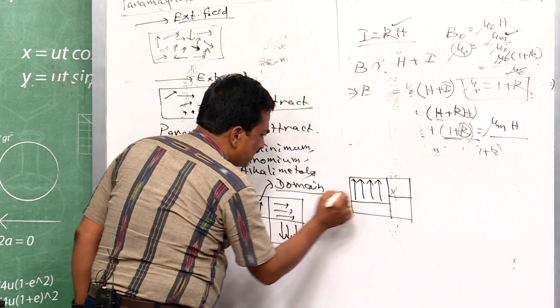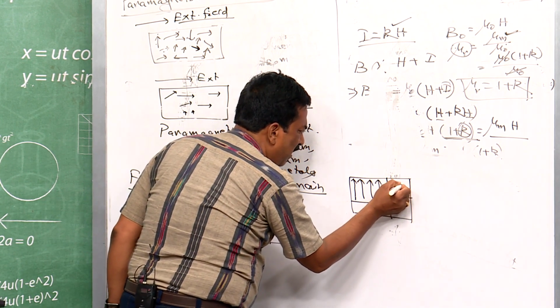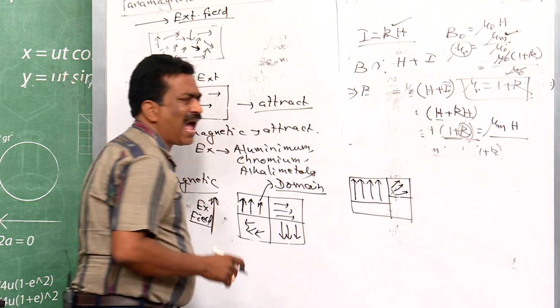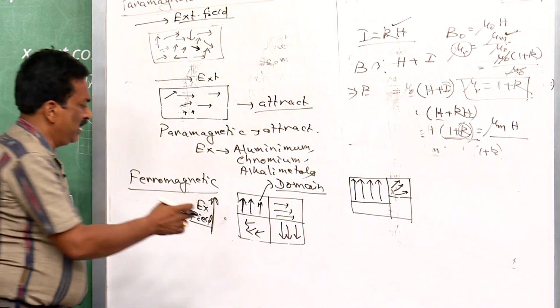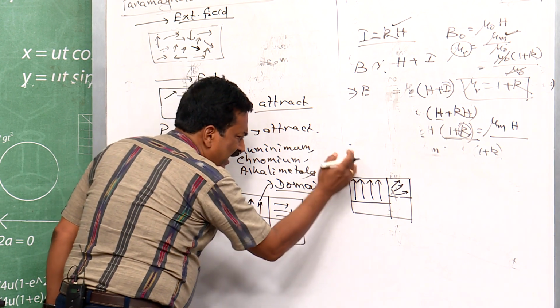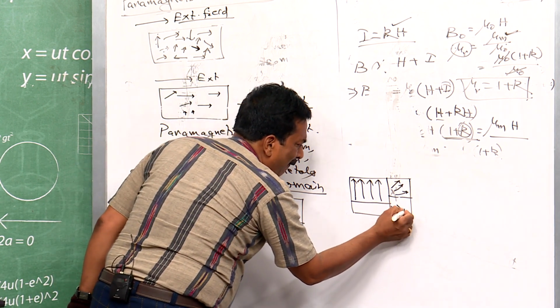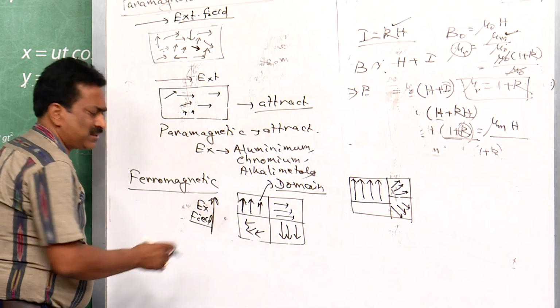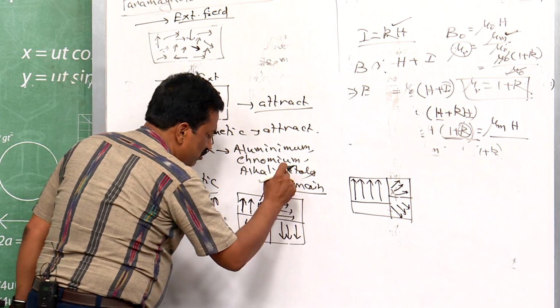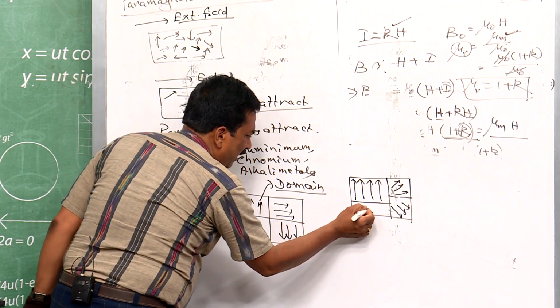So these are in this direction, they will try to come to that direction, and this is in this direction, suppose they will try to come in this way.